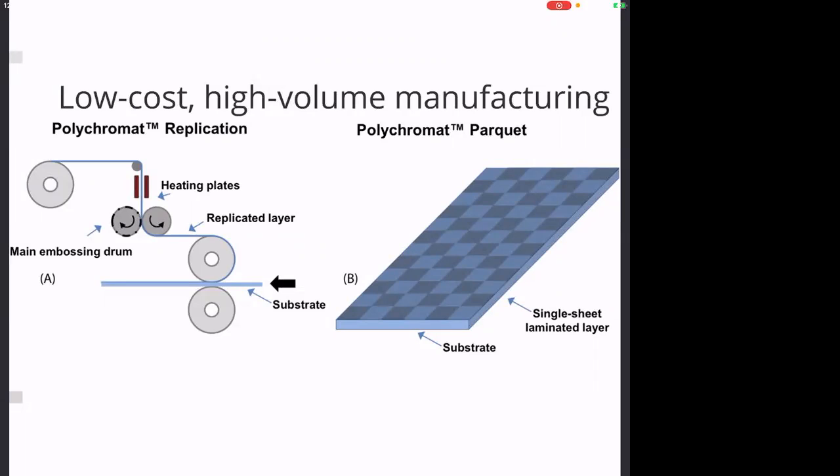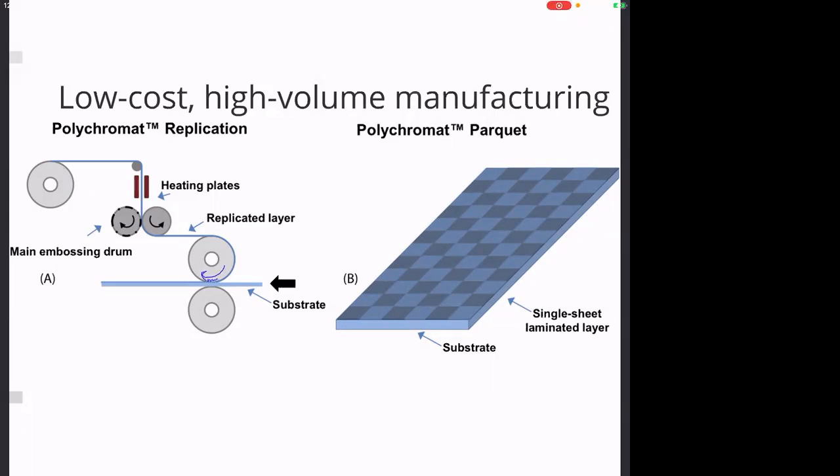And interestingly, these approaches are actually used to make... so first, let me explain this method of manufacturing. You first create a master pattern, which is typically on a drum. In this example, I think it will be on this drum here.